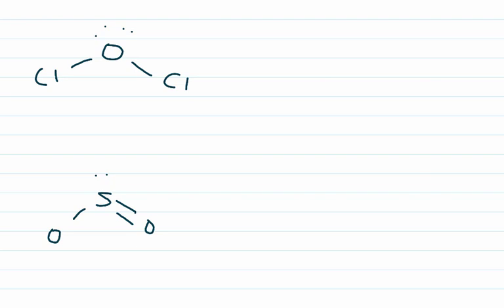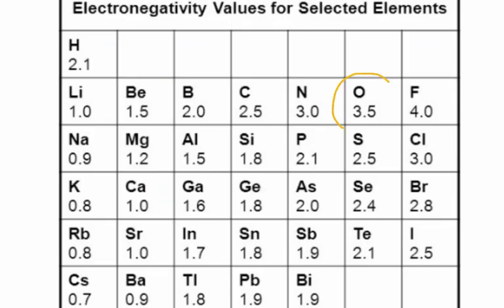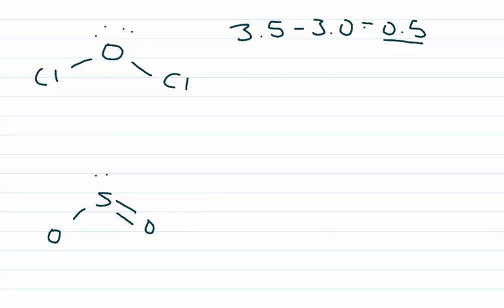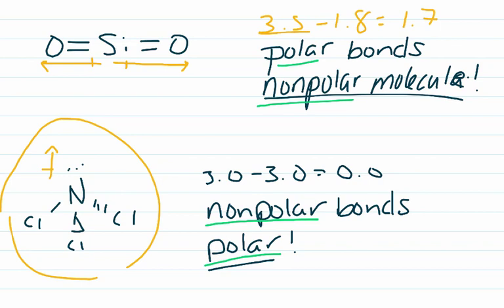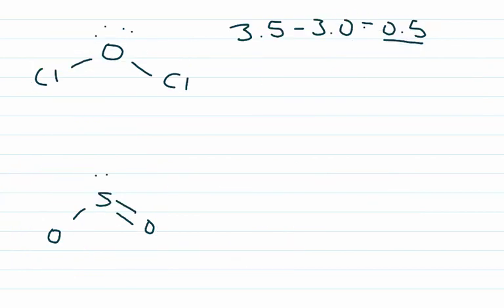Let's look at oxygen dichloride. If we look for the electronegativities of oxygen dichloride, we can find oxygen with 3.5 and chlorine with 3.0. Since oxygen has the greater electronegativity, we're going to draw the dipole moments pointing towards oxygen.